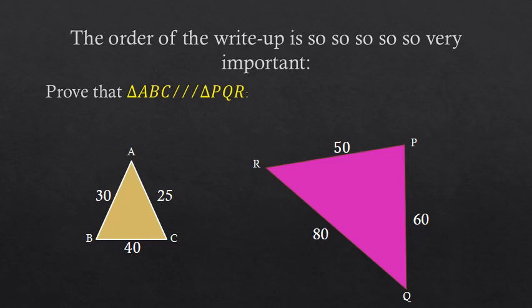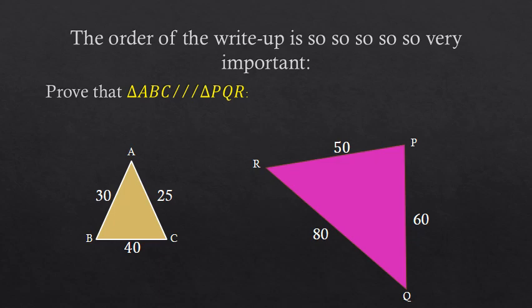So if they say prove that triangle ABC is similar to triangle PQR, let's have a look. Can we prove it by angle, angle, angle? No, angle sizes were not given. So the only other way is through sides in proportion, but also the other way around. If they ask you to prove that two triangles are similar and you don't have all the side lengths, then you cannot use sides in proportion.